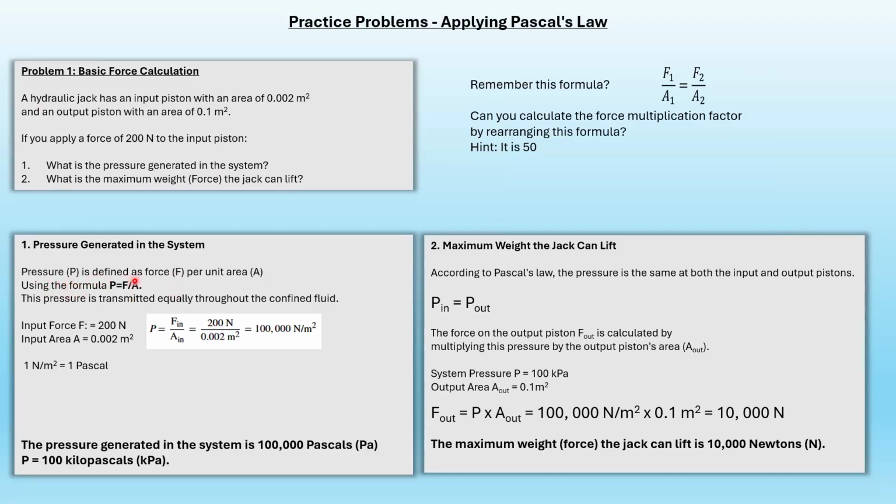The pressure is defined as force per unit area. So we have the formula here. P equals force, pressure equals force divided by area. All right, we have both areas. We're trying to find out the pressure.